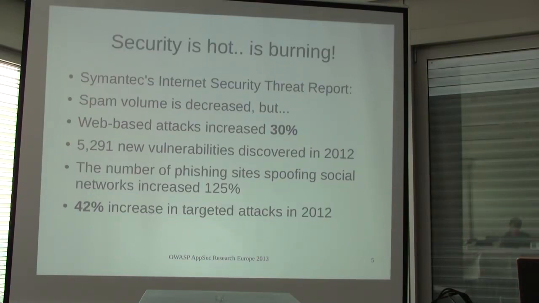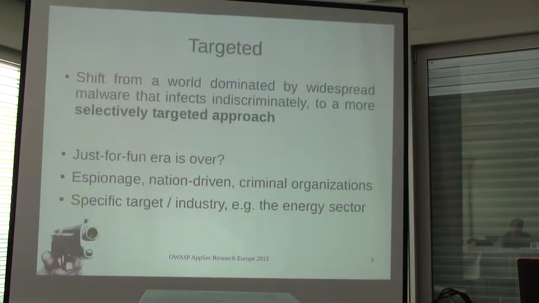So that's probably of interest to our attackers. And we had more than a 40% increase in targeted attacks. That means that attackers are more and more pushed to do this kind of attack instead of conventional widespread attacks.